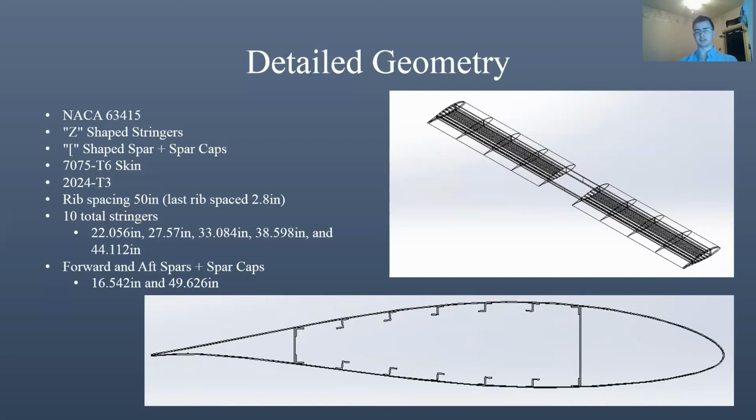The stringers, skin, and the rib will only be seen on the wetted wing section. This is 33.8 feet of the span, while the spar and spar cap assemblies travel the entire length of the span, 35.9 feet.